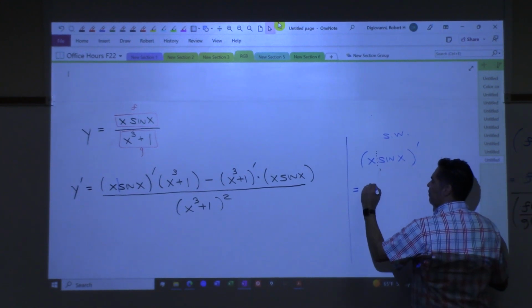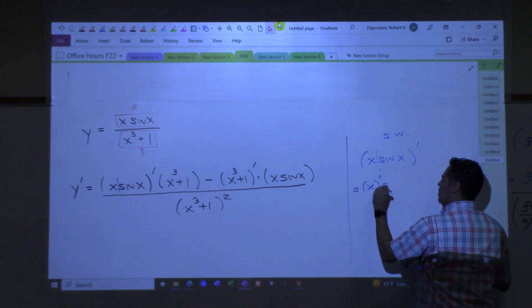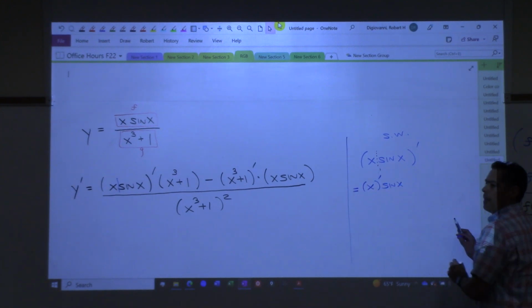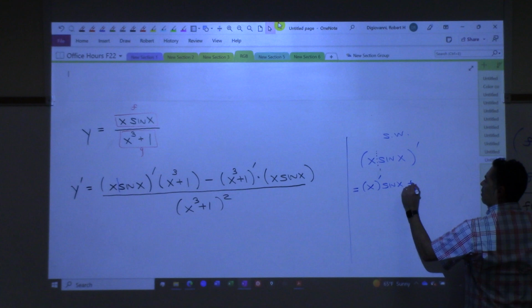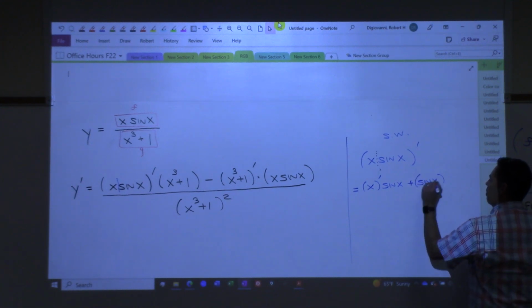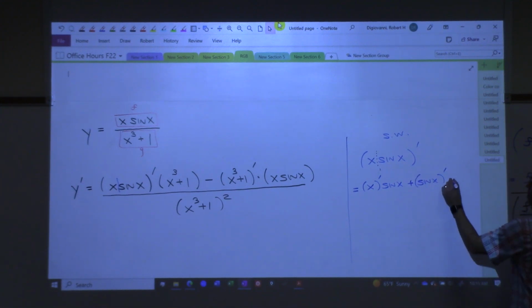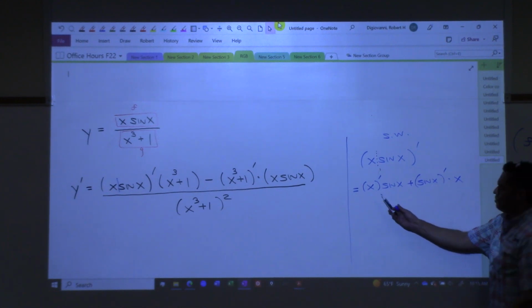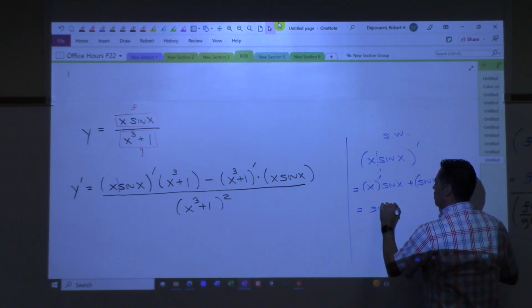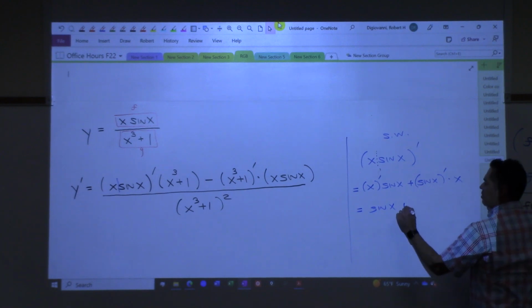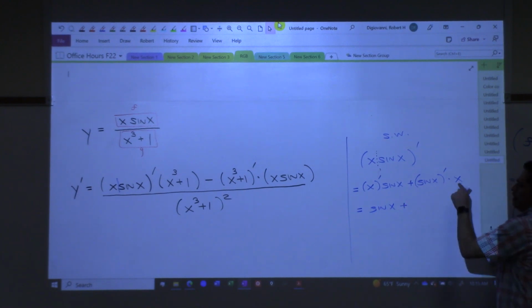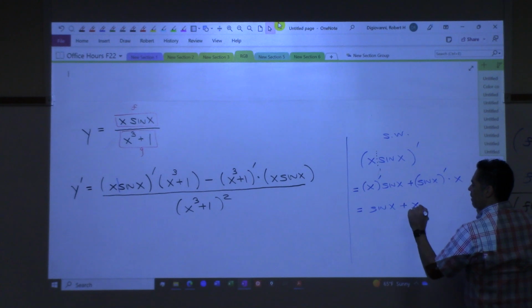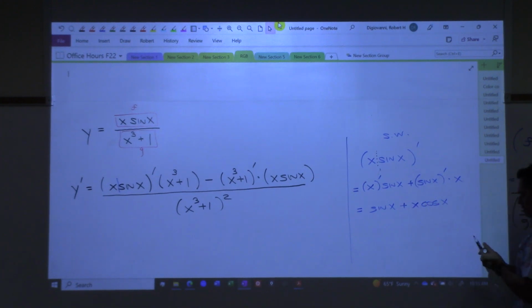X prime times sine x plus sine x prime times x, right? And the derivative of x is 1, so this is just sine x. And the derivative of sine x is cosine x, right? But then we have an x out here. I'm going to bring it in front. X cosine x.